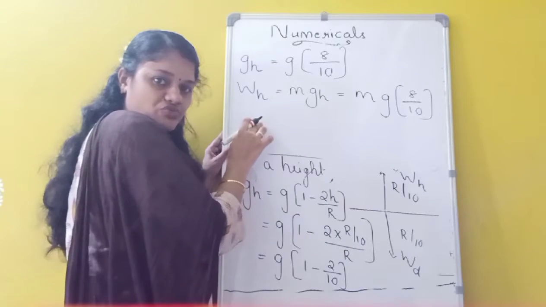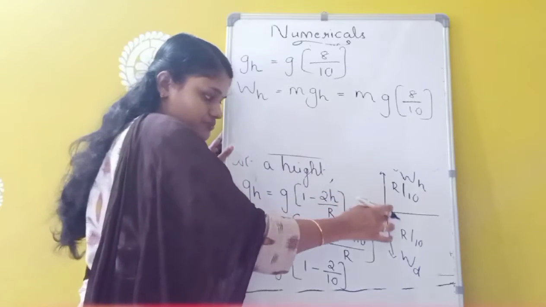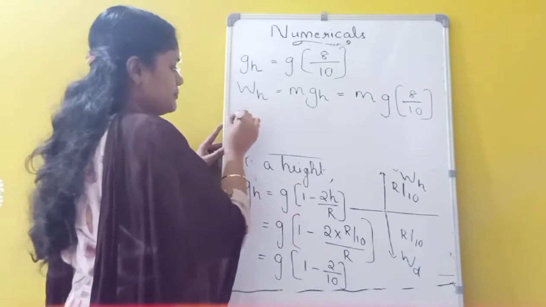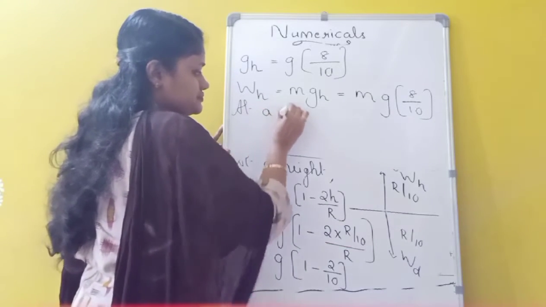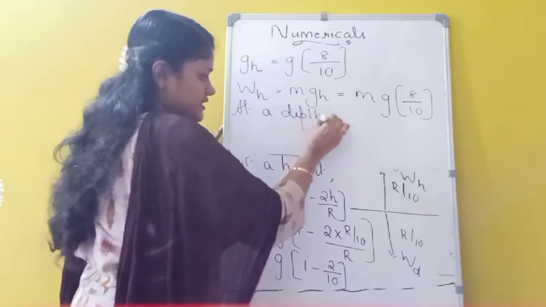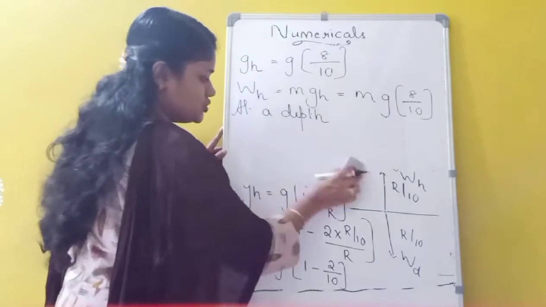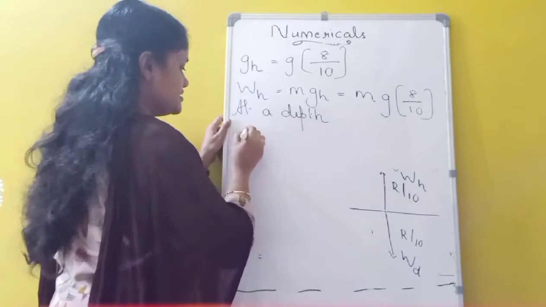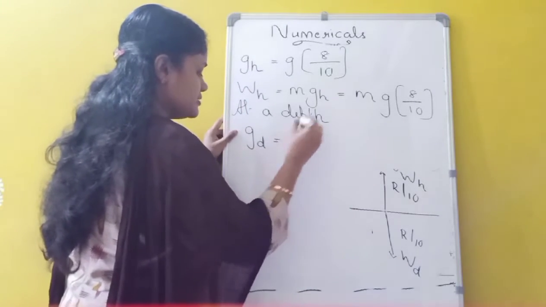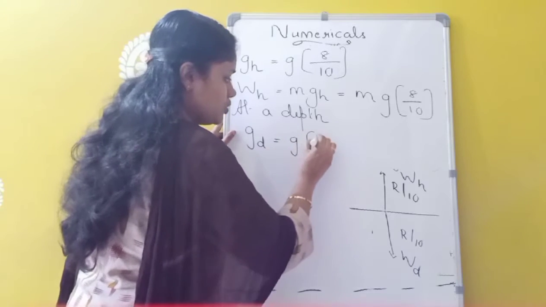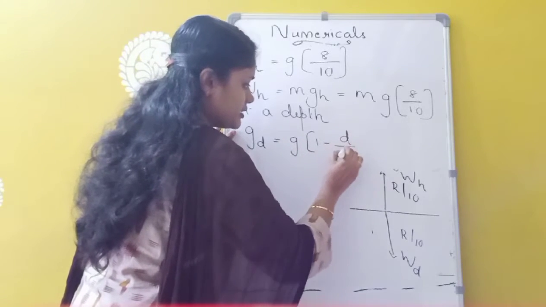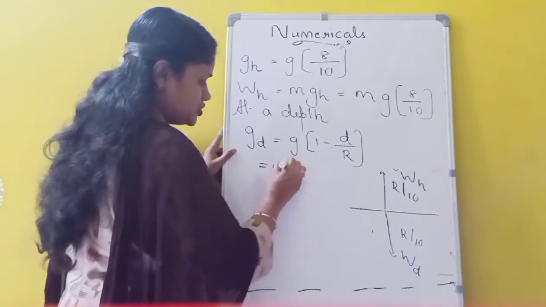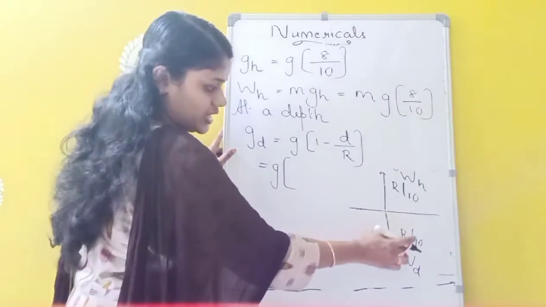At a height R by 10 from the surface of the earth. So similarly we have to find the weight of the object at a depth of R by 10 from the surface of the earth. And we have the formula at a depth. So at a depth, how will you find the g value? That is, g depth is given as g into 1 minus d by R. Here d is the depth, which is equivalent to g into, here it is given at a depth of R by 10.